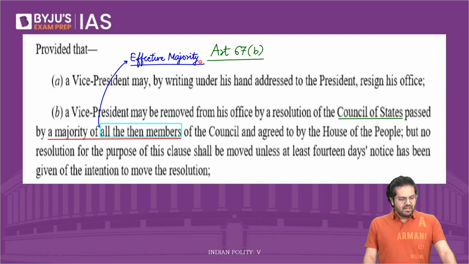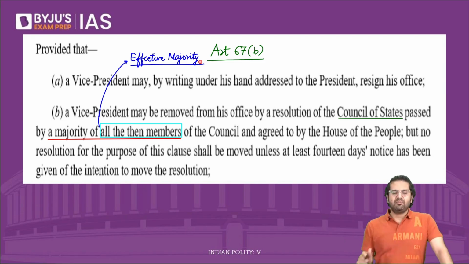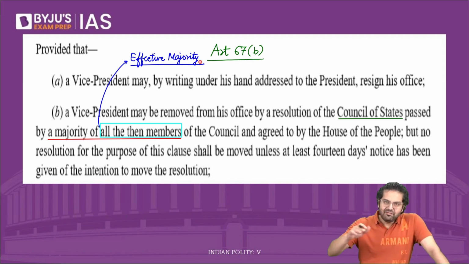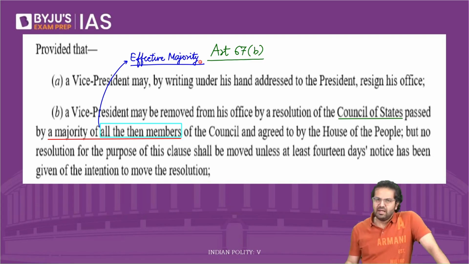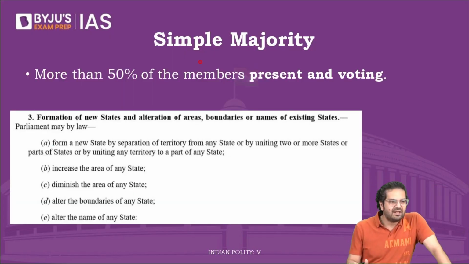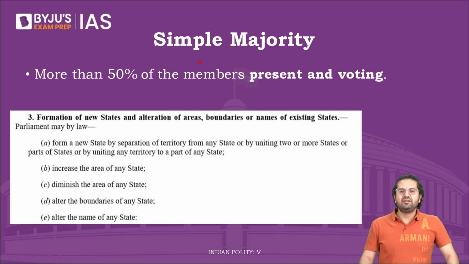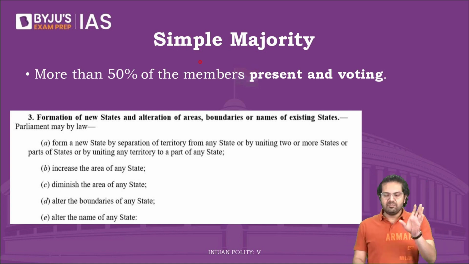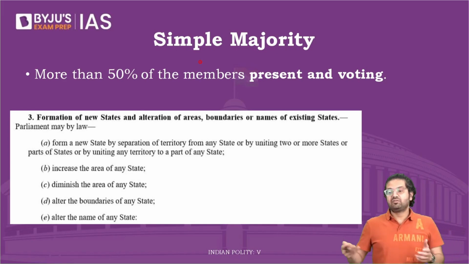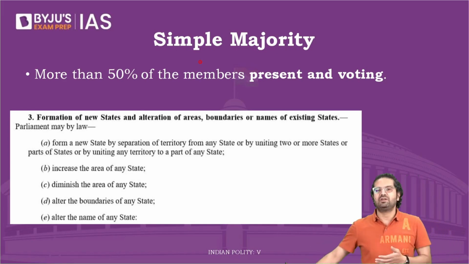Very simple. But then these are very special types of majorities used only in special cases. In every other place, we are not worried about how many people, how many vacancies, etc. We are simply looking into how many people have come on that day and are voting on that day. That's it. Simple. That is why it is so simple that it is called simple majority.